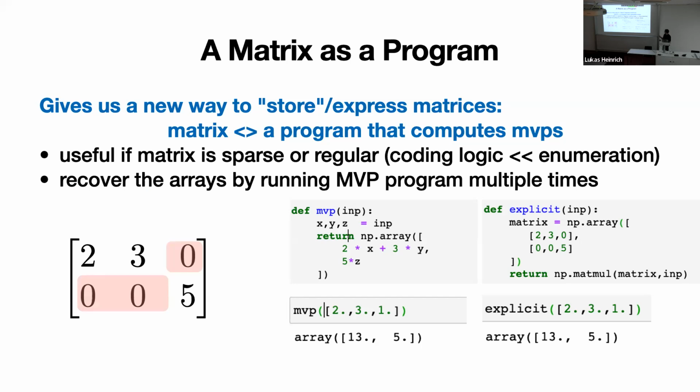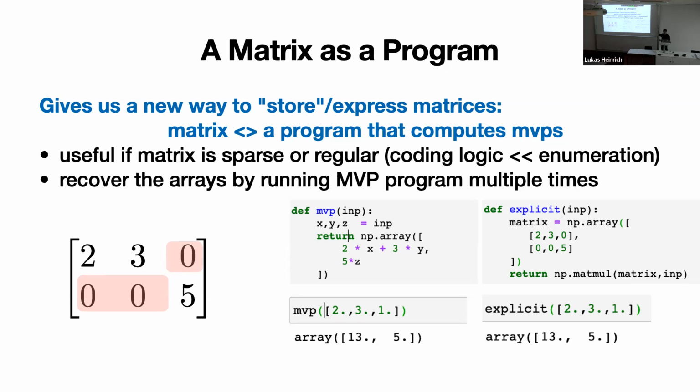And for example, if you have a sparse matrix, or if the logic of the output relationship to the input is simple, or maybe there are some 0 entries, instead of storing these 0 entries, you can just write a program that implements this matrix vector product. And then you're saving memory because you're not saving each of these entries, right?